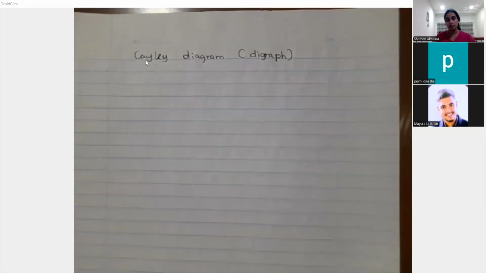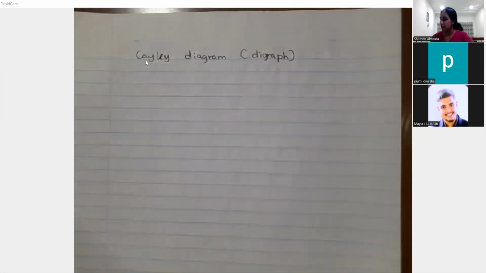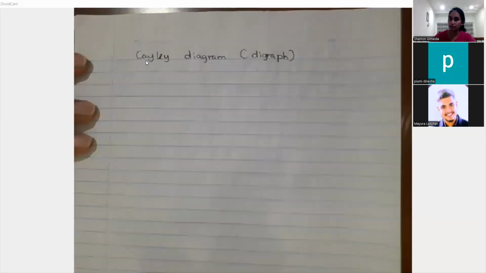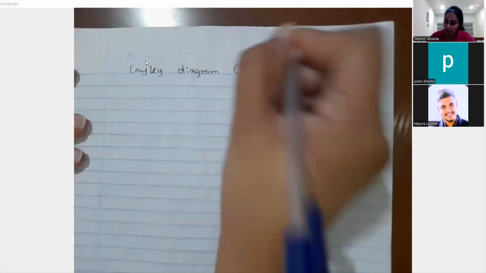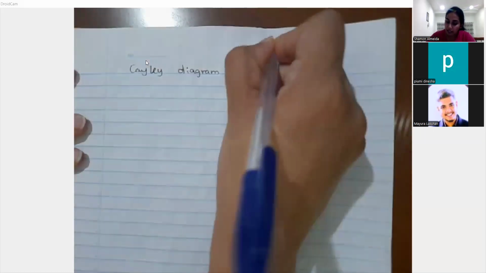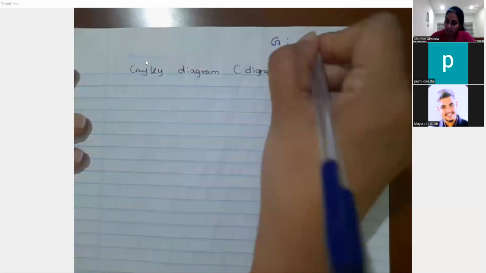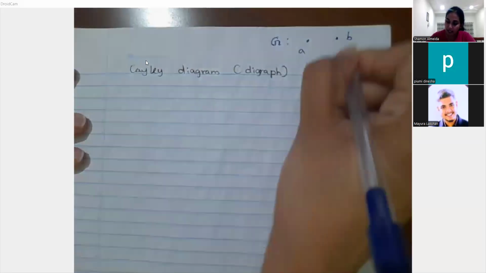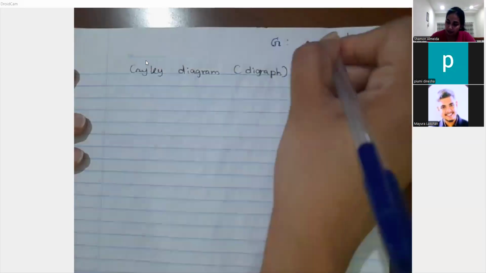So a line cannot exist as a small segment. It has to be connecting two vertices. A little bit of graph theory. If by G we denote a graph, say you have three vertices A, B, C, right?